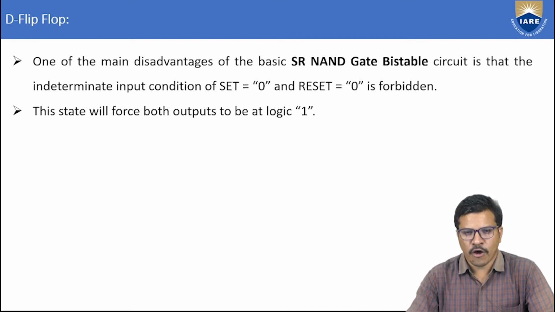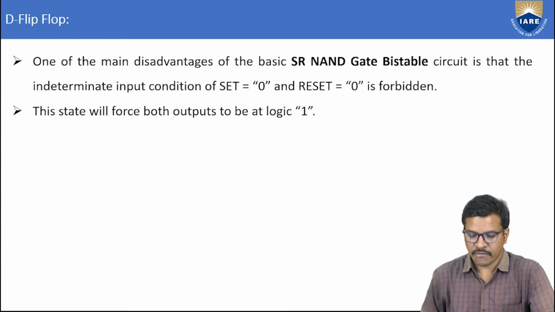This unavoidable, forbidden condition of the SR flip-flop, when both S is equal to 0 and R is equal to 0, is eliminated by the D flip-flop, the delay flip-flop, by providing just one extra inverter at the input.